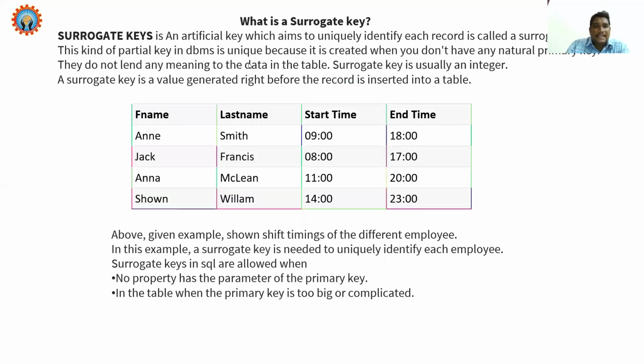Okay, and the last one is the surrogate key. This surrogate key is an artificial key. See, this is a table, in which we have first name, last name, start time, and end time. Among these, there is no primary key attribute in our relation. So these are non-primary key attributes in a relation.